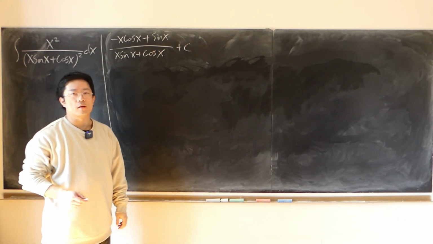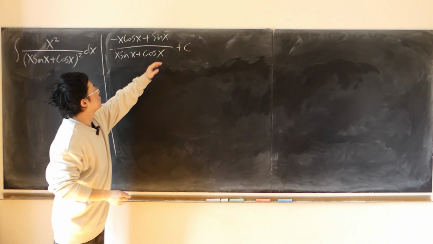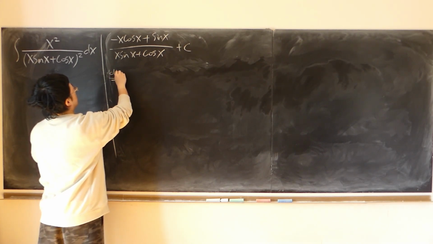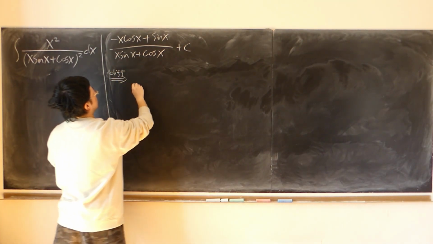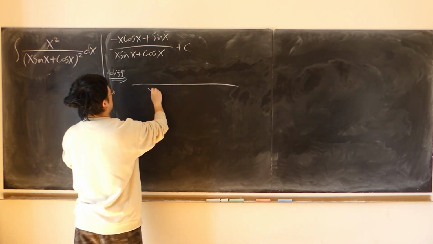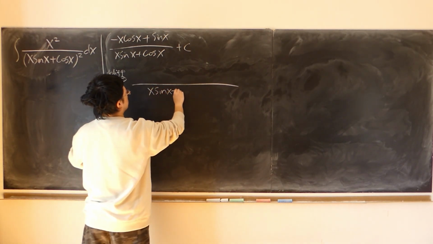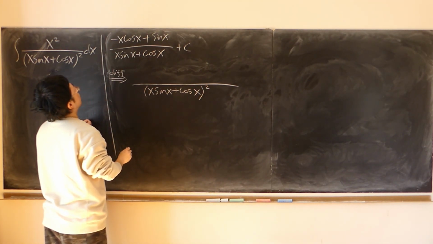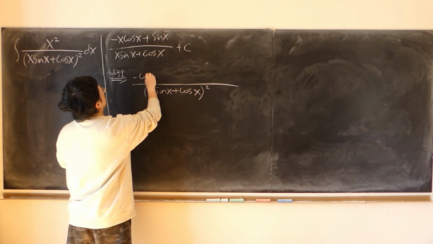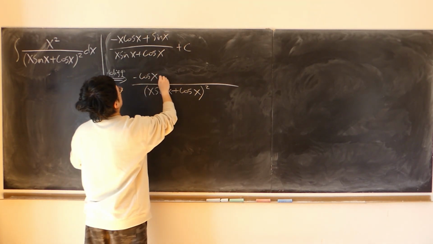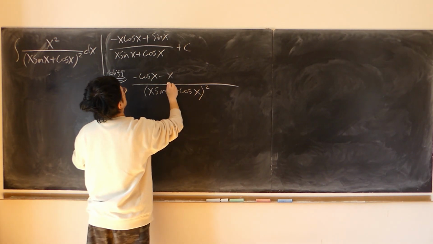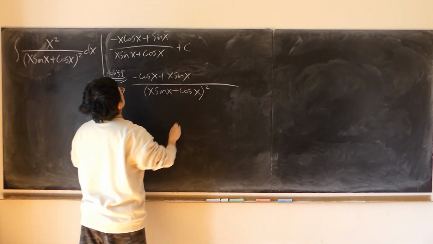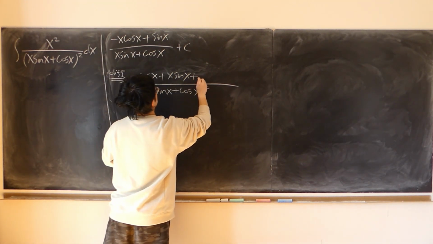Now let's double check our answer. And of course, don't forget plus c in the end. So differentiate this thing. So x sine x plus cosine x, quantity squared. Differentiate the top, negative cosine x, negative sine x, plus sine x becomes plus cosine x.